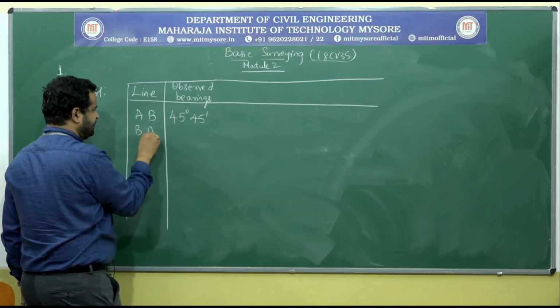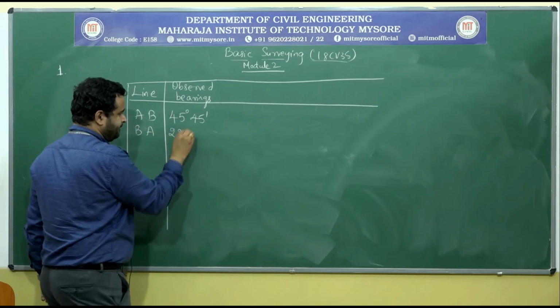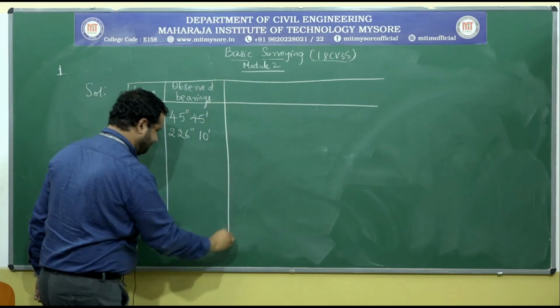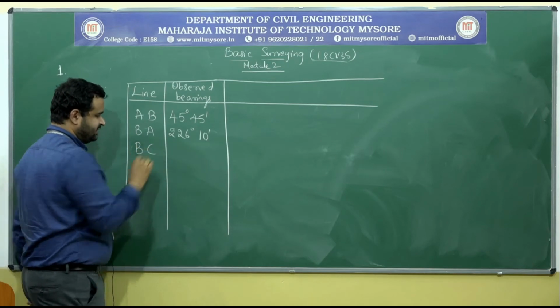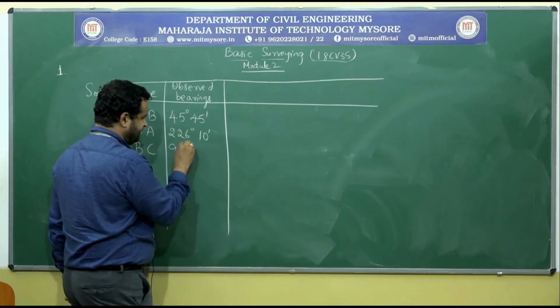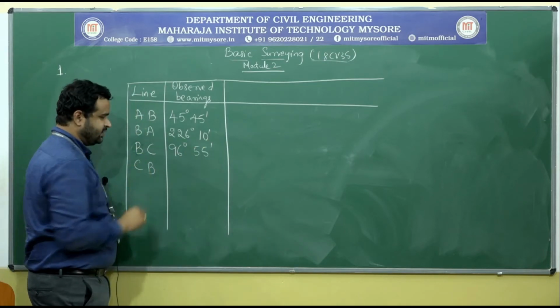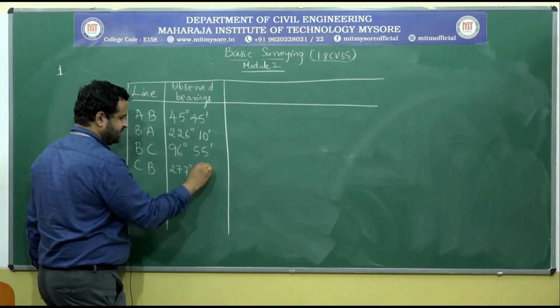Next I will write BA, that is the back bearing of AB, 226 degrees 10 minutes. Next line BC, 96 degrees 55 minutes is the forebearing. CB is nothing but the back bearing of the same line, which is given as 277 degrees 5 minutes.